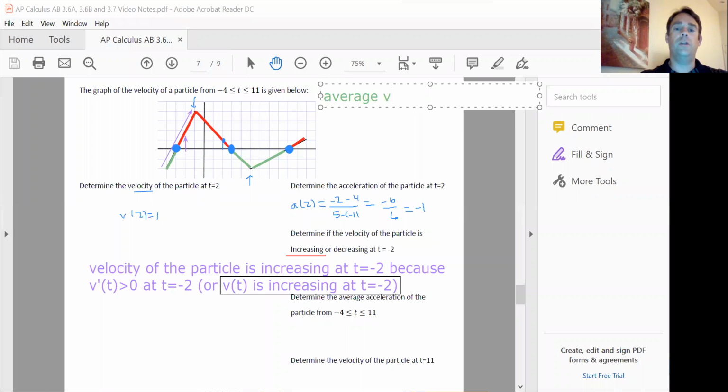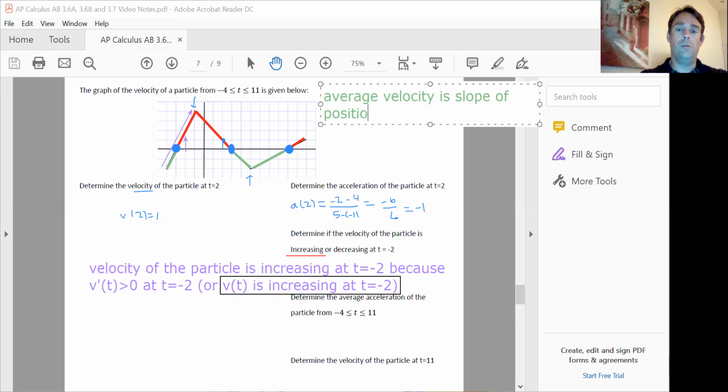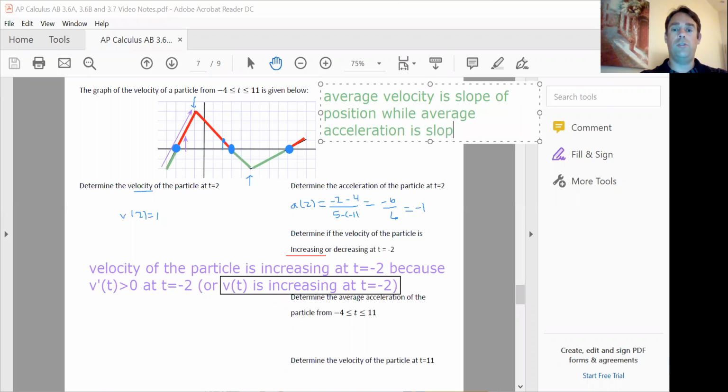Average velocity is slope of position, while average acceleration is slope of velocity. All right, so I'm going to take my endpoints here, and I'm going to just essentially find the slope of it here. I can do that.